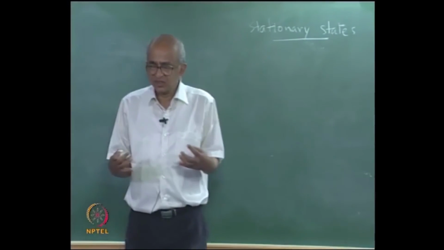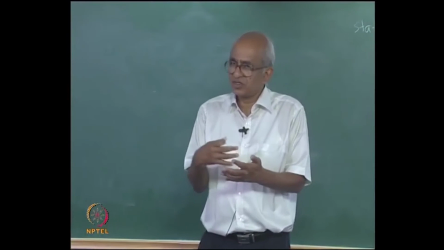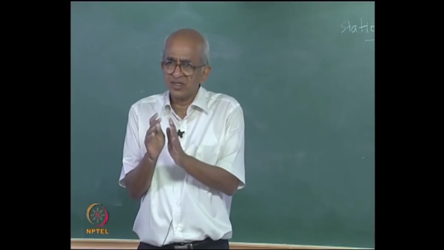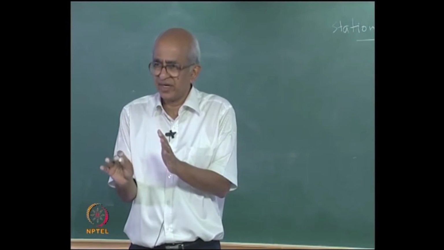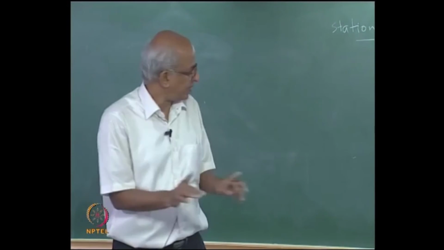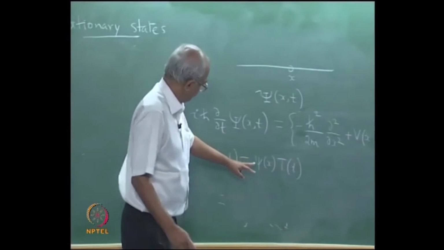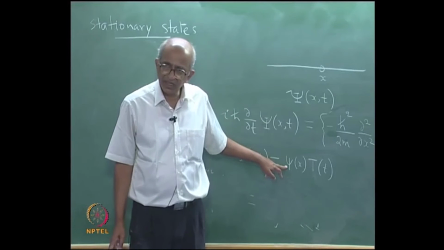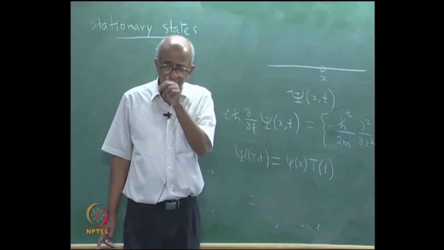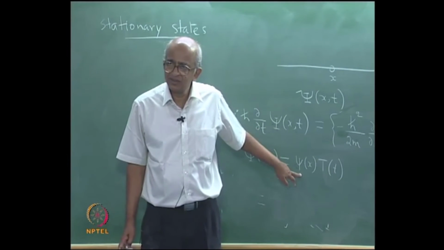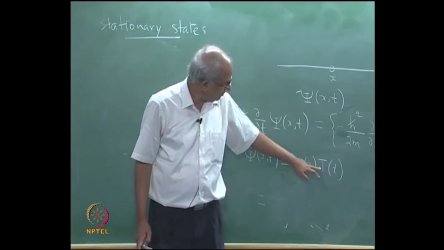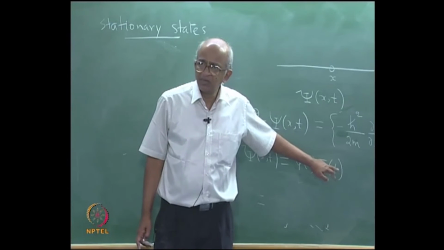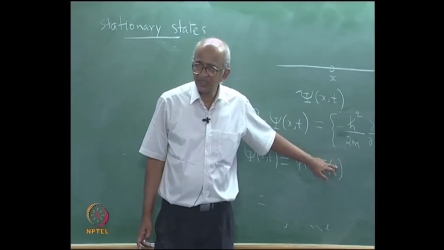See, what we are saying is this: capital psi is a function of x and t, but now I am going to say, okay, let me think of only those cases where capital psi can be written as a product of two functions. The first one I will call small psi, look at the way it is written, this is capital psi and that is small psi, and small psi I will assume depends only upon x, and then there is another function here which I will denote by the symbol capital T, and that I am going to say will depend only upon the time t.